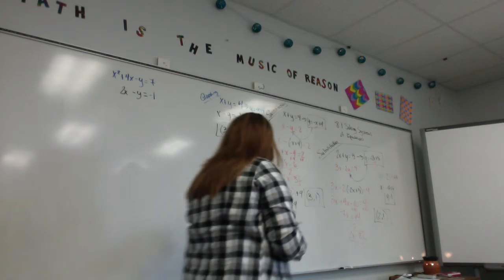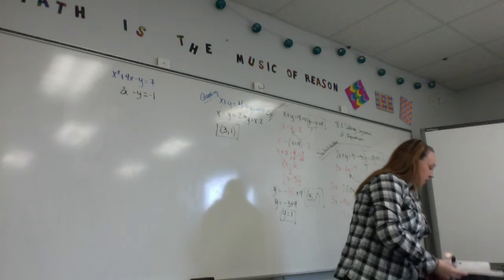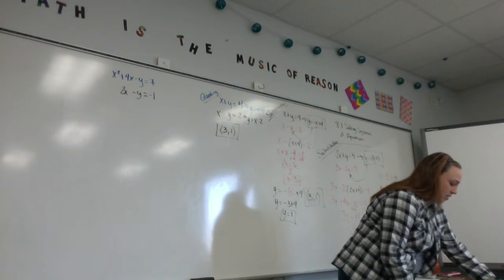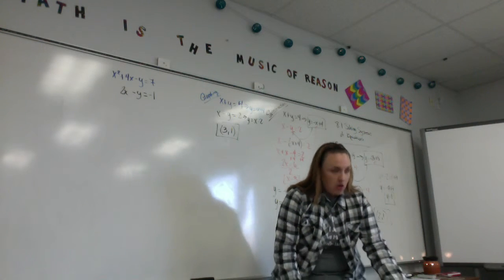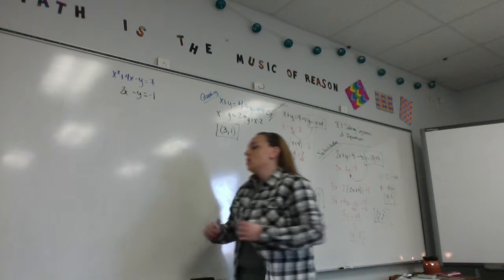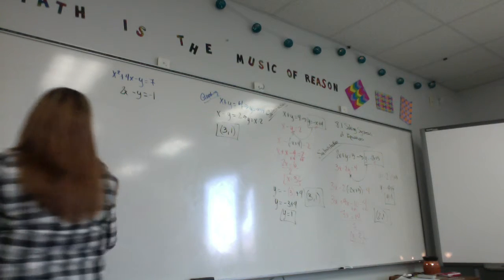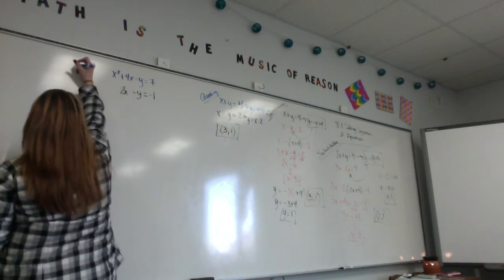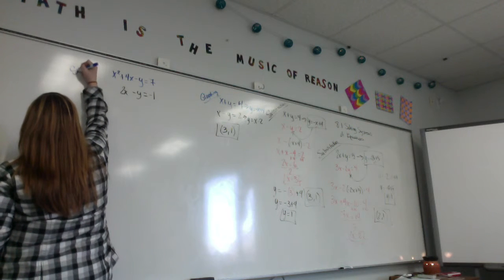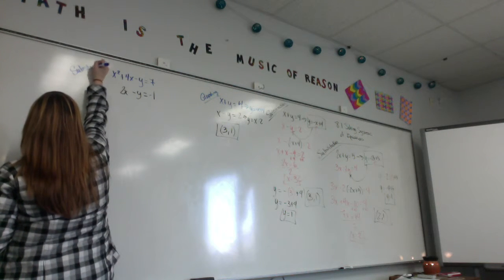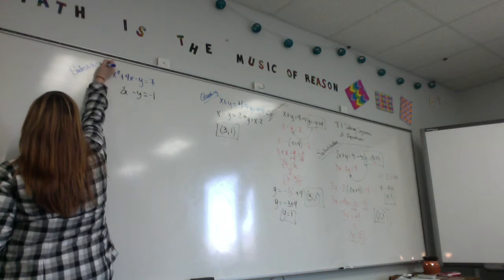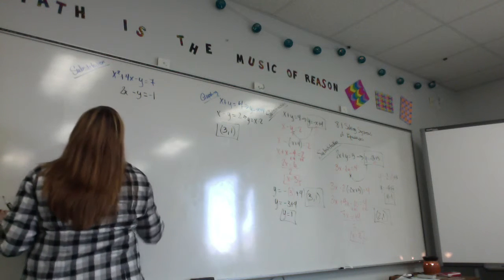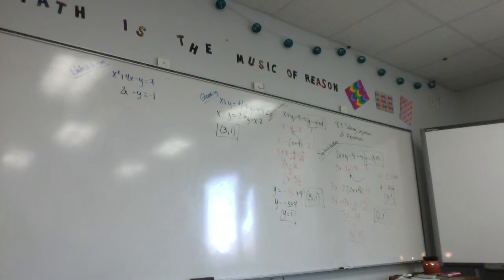I want to solve that through substitution. How do you think I can solve this through substitution? Which equation would be easier to solve using substitution? The bottom. Which one, Lindsay? The bottom. Yeah, the bottom one, because there's no squared in there. There's no x squared. Are we going to set the bottom one equal to x or to y?